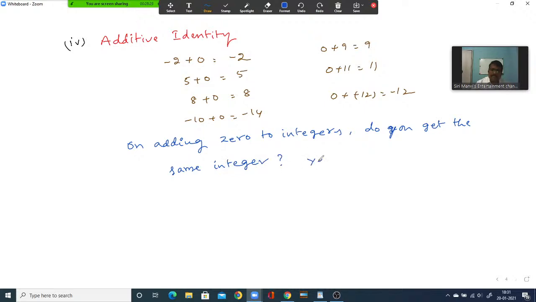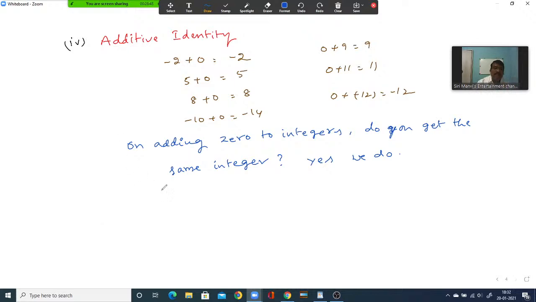Yes, we do. Therefore 0 is the additive identity for integers. In whole numbers also 0 is the additive identity, as we know from 6th class.